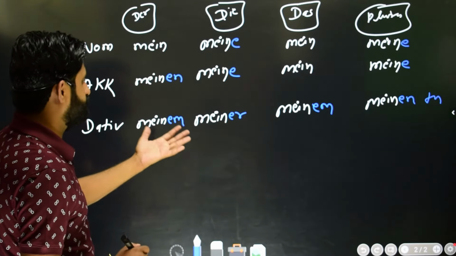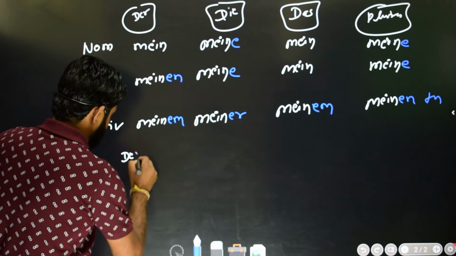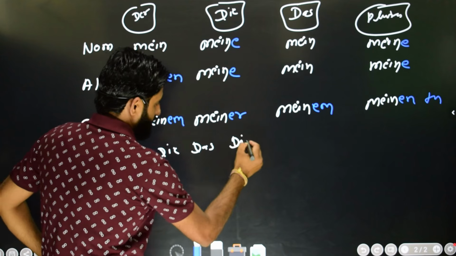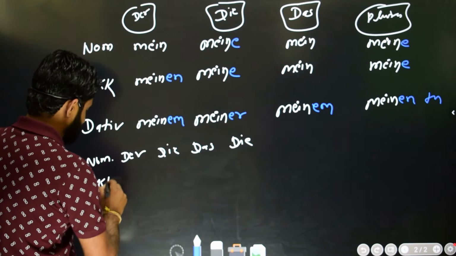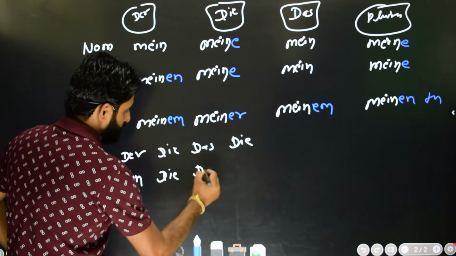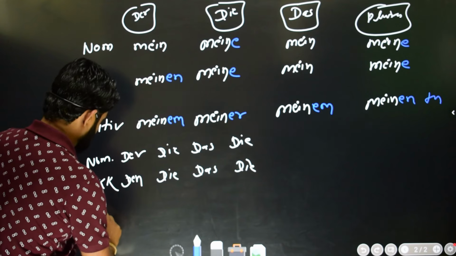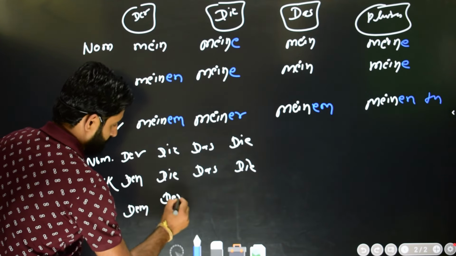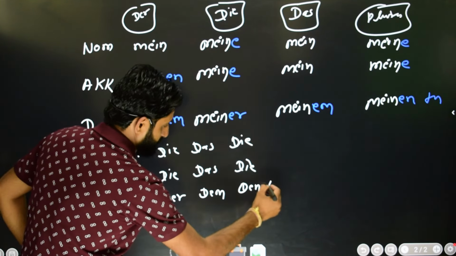And what is the logic behind adding these endings? Let's see the table for der, die, das. Der, die, das, and die. This was the nominative. For accusative it was den, die, das, and die. And what was for dative? Dem, der, dem, den plus n.